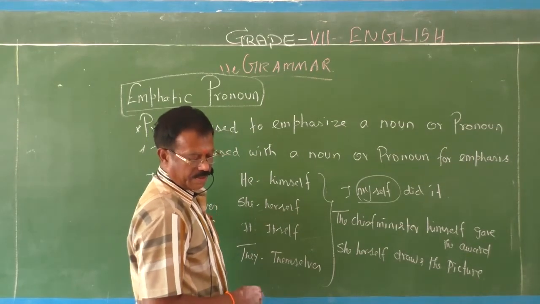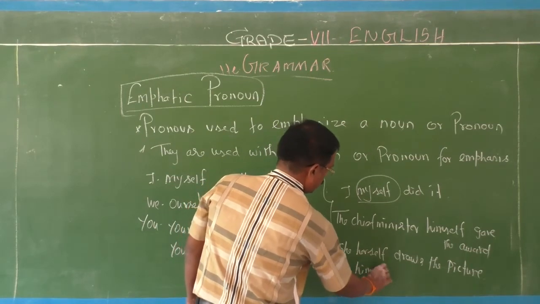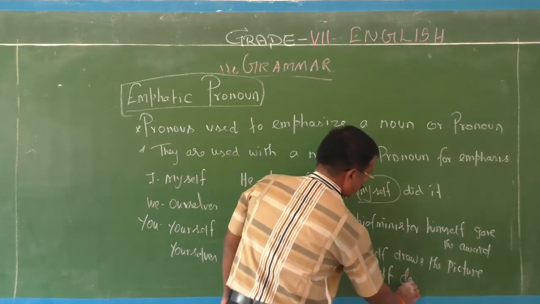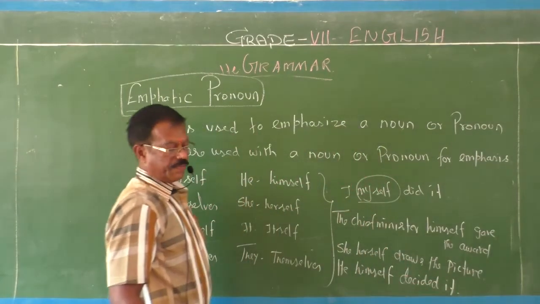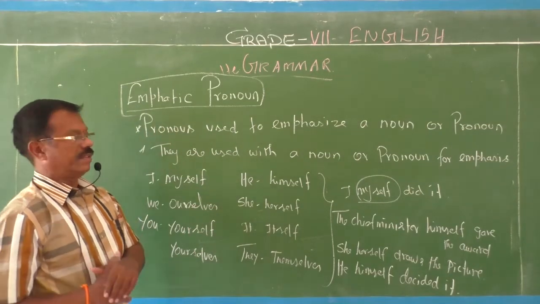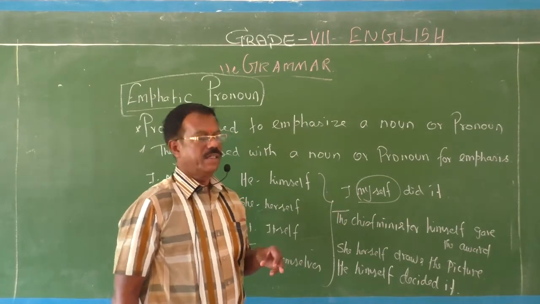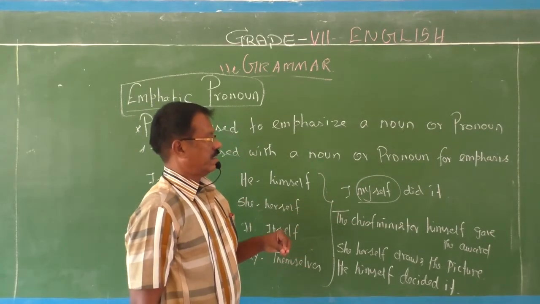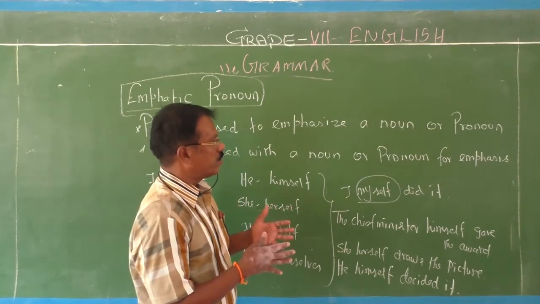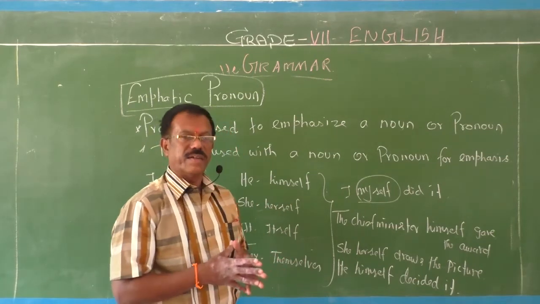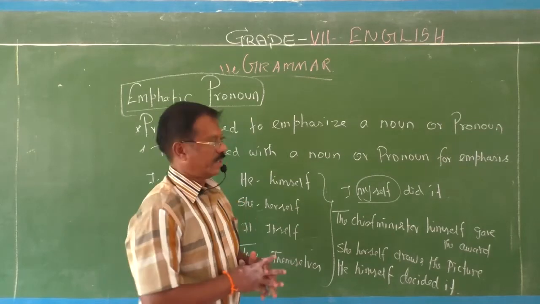He himself decided to go there. See the example: I myself did it. Here this myself comes along with the subject pronoun I for emphasizing. I myself, without anyone's help, I did it. So here you want to emphasize the action done by the subject. That's the reason that they are called emphasizing pronoun or emphatic pronoun.